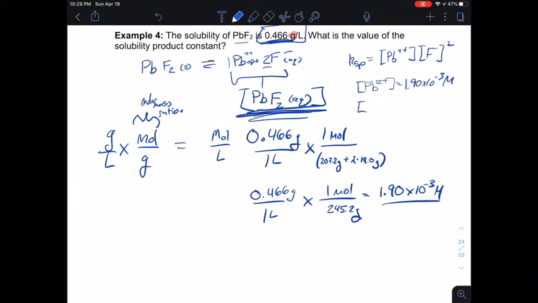But my concentration of fluoride is going to be a 1 to 2 ratio, so I get twice as much. So I'm going to get almost 4, so 3.8 times 10 to the negative 3 molar.